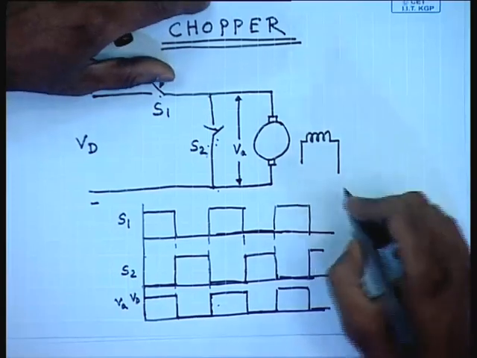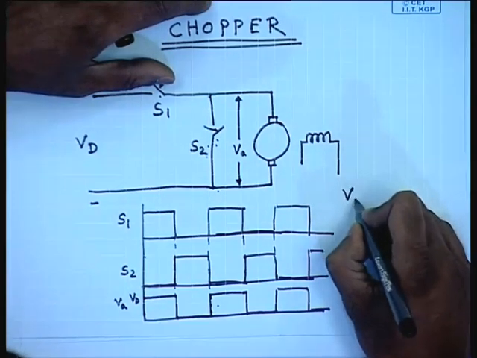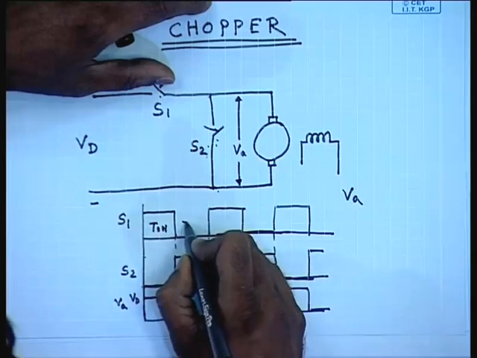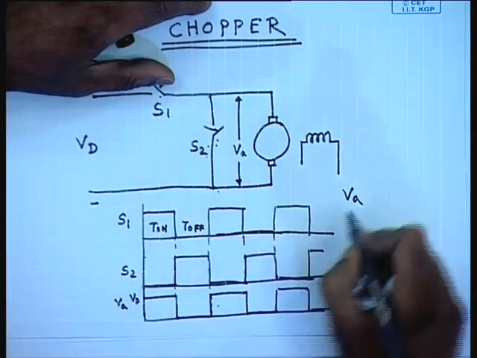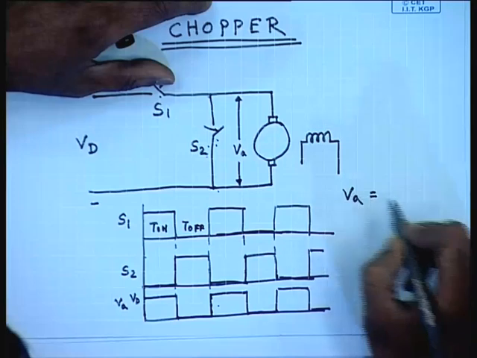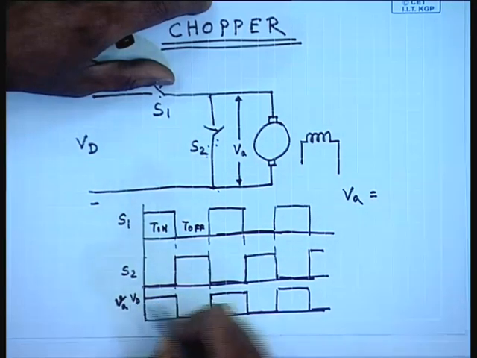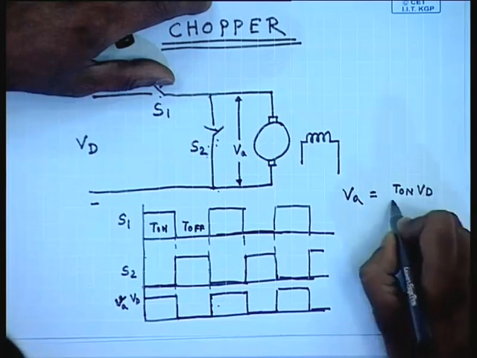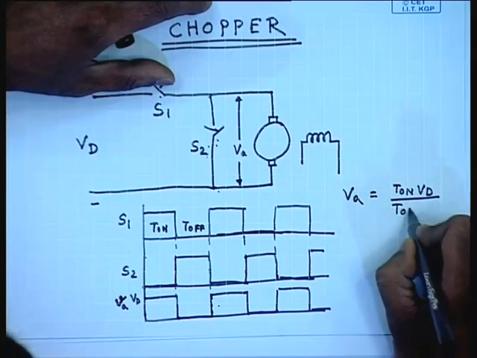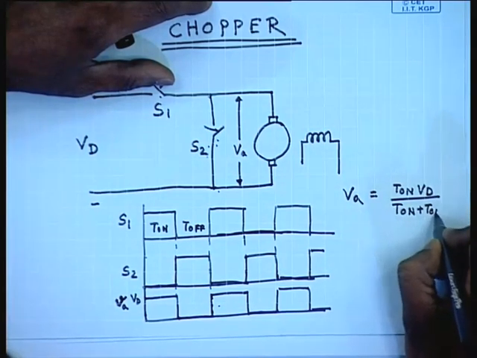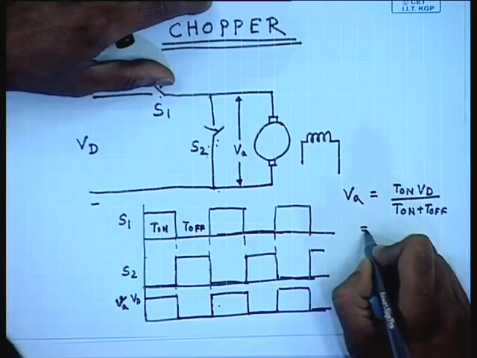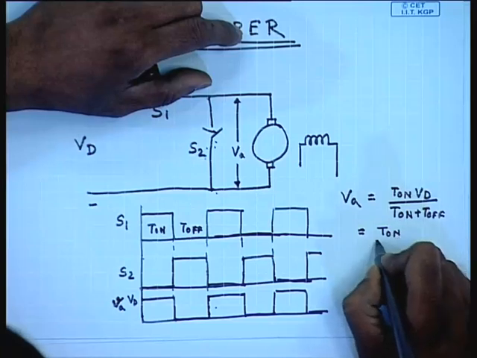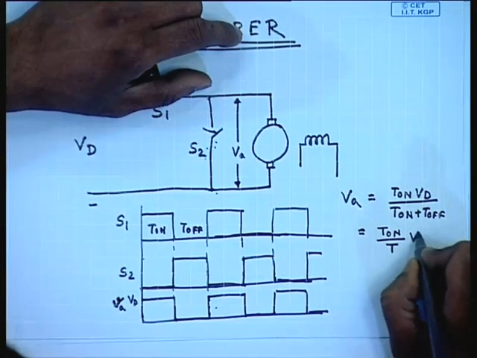So, what is the average armature voltage Va? If this period is T on, this period is T off, then average voltage Va equals T on into Vd divided by T on plus T off, which comes to T on by T Vd.